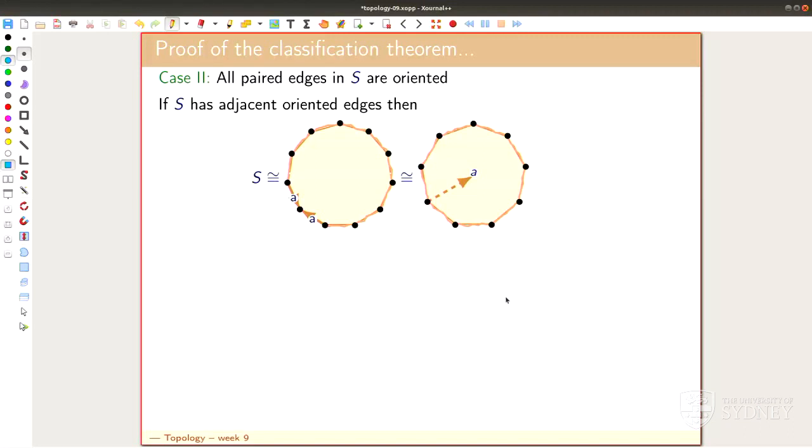Then you can cut it in, you just push it in, and you get a new surface which is smaller. So here's my T again. So your S and T. So you get the same type of formula. And really, in this case, S is just T. So your polygon decomposition of S wasn't really efficient. There was a silly pair of edges that you can ignore, which is kind of nice.